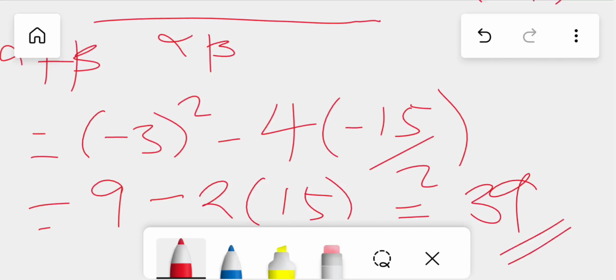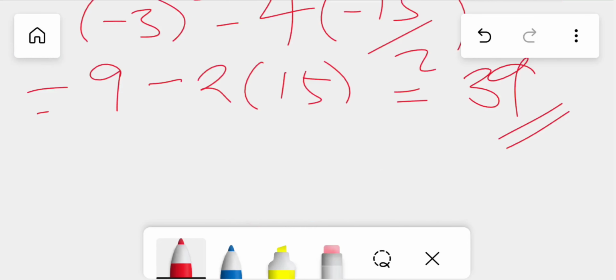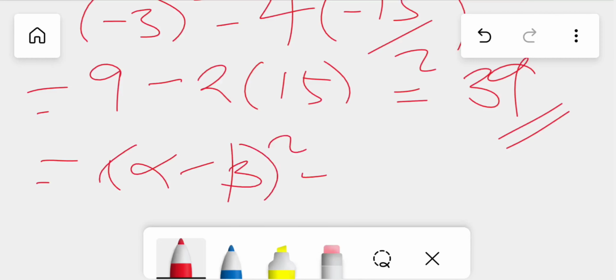So this is our final answer: (alpha − beta)² is equal to 39.